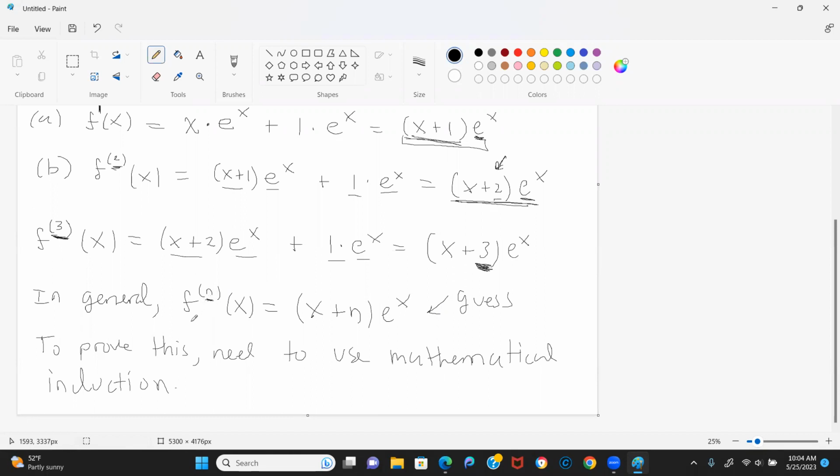So you have a statement for when n is equal to 1, n is equal to 2, n is equal to 3, 4, 5, 6, all the way up to infinity. And the idea is that if you know the statement holds for some small cases, like we do here, we proved this formula for n equal to 2, n equal to 3, you could even go up to n equal to 4.